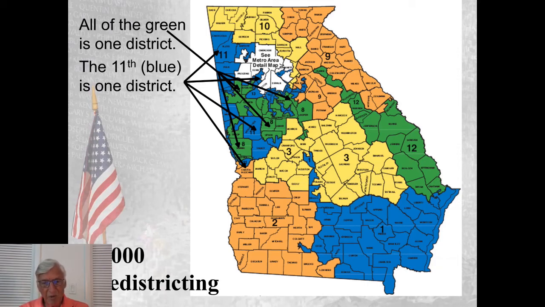The blue areas similarly are just strung out in odd configurations, barely keeping themselves connected to one another. I don't know how they've done this, but when you go into the Miami or the Atlanta area, there's one little thin road that's connecting a section. Some of the outstate districts are also strung out in odd ways, like the 12th district and the 1st district. But this was another area of abuses.